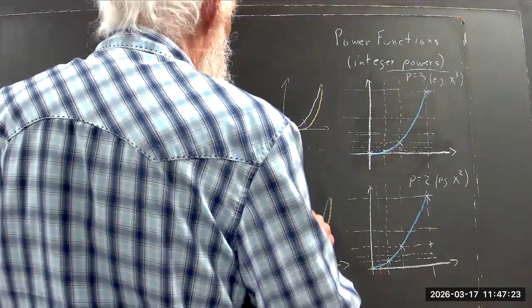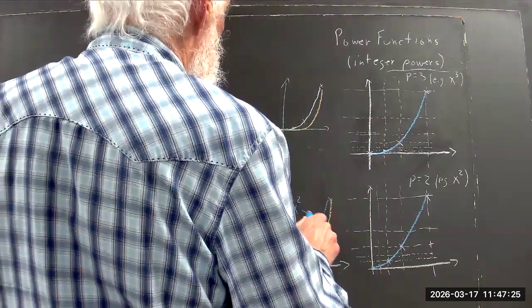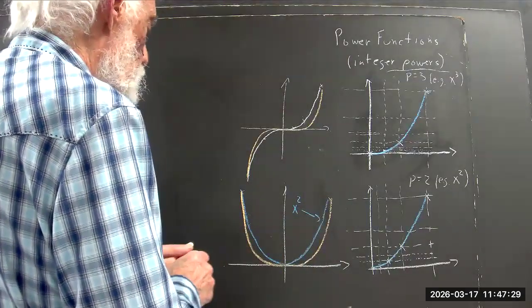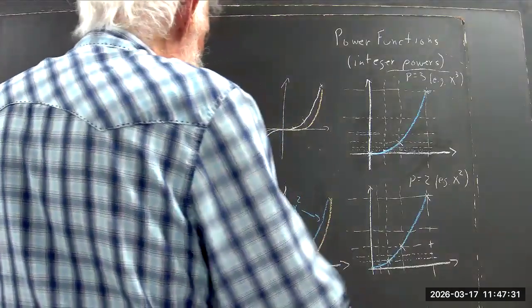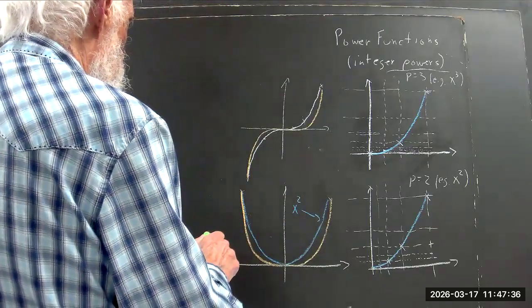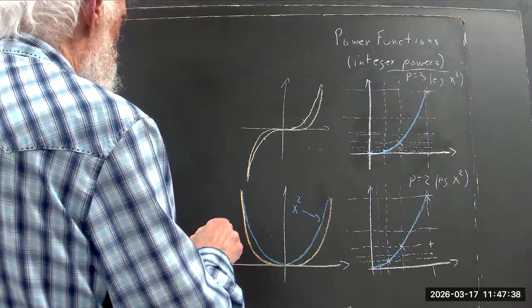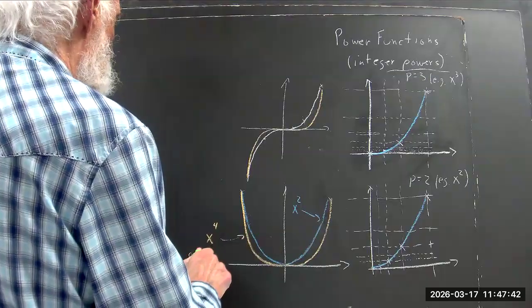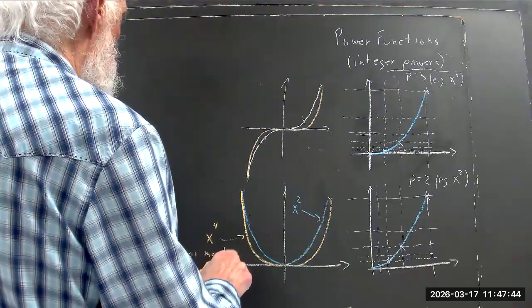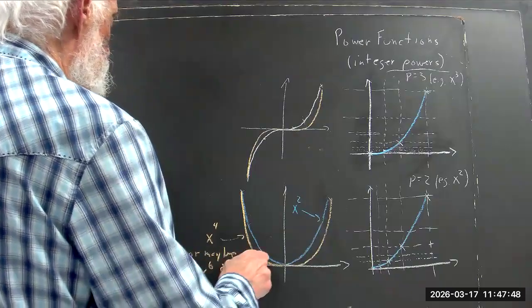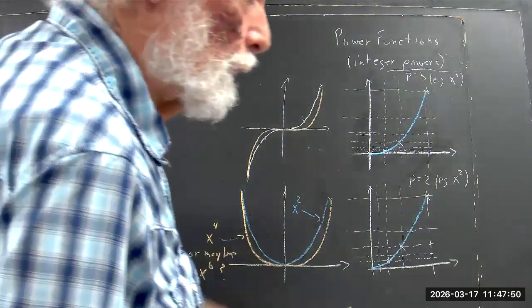So if this graph here is the x squared function, that graph is in blue. The x to the 4th function, or maybe x to the 6th, is going to look something like this orange graph.